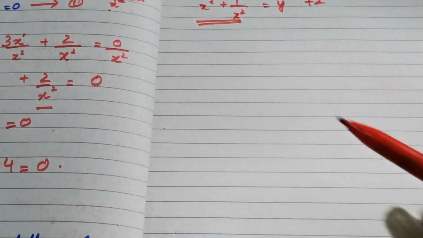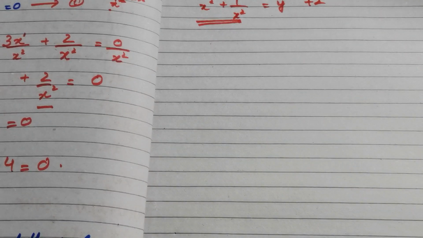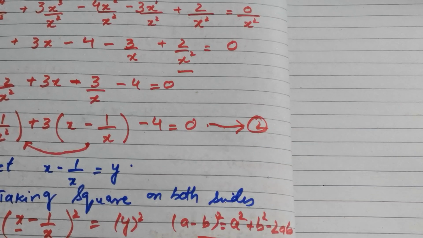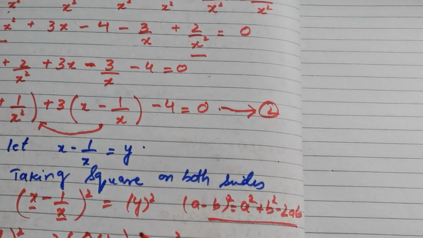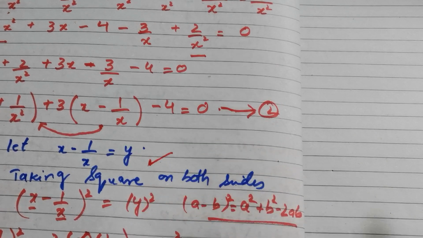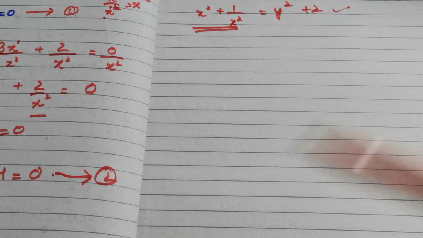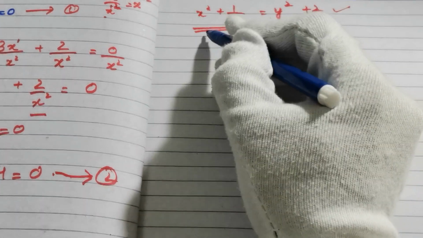This equation is named as 2. So we put the values of x minus 1 by x is equal to y, and x square plus 1 by x square is equal to y square plus 2, into the equation.